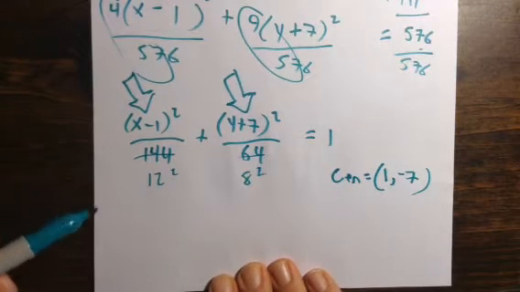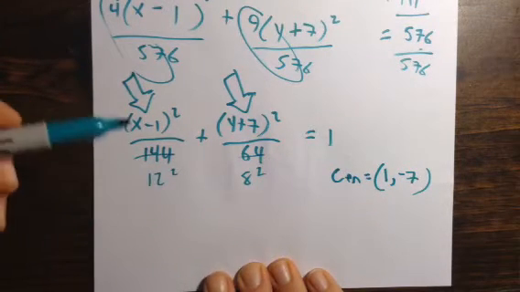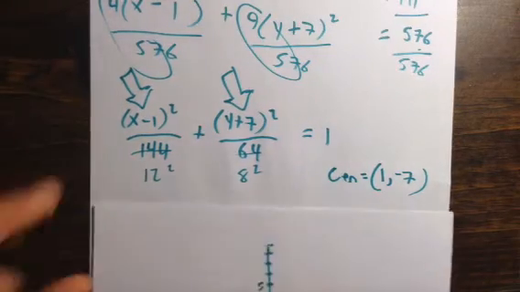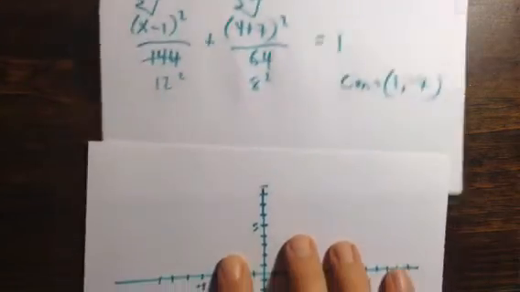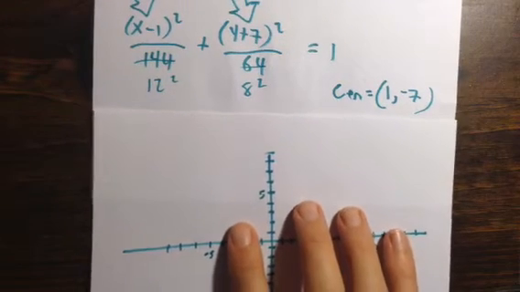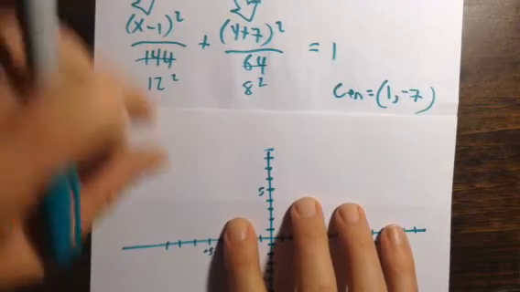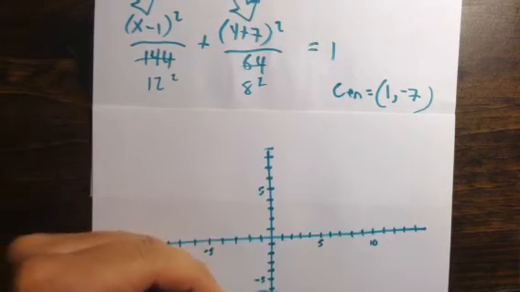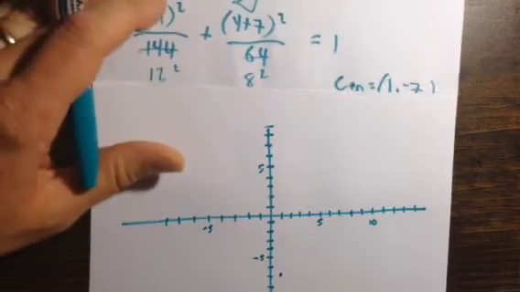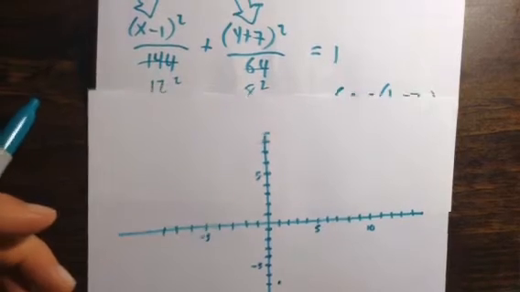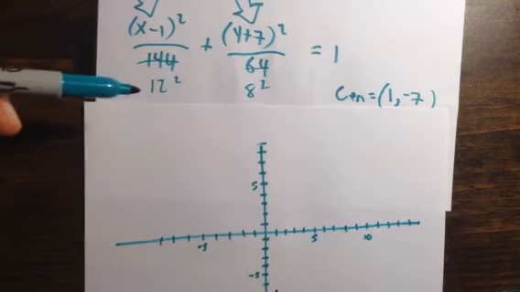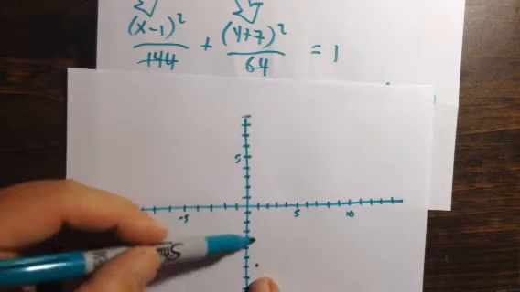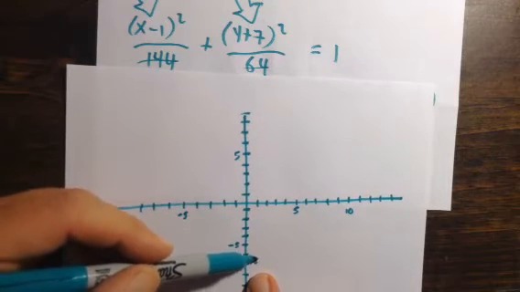That is some good stuff to know. Here, let me start graphing it and I can describe it better. So 1, negative 7, I put a dot. Now, I know that my horizontal shift is 12 in either direction from there. So if I started here at 1, I'm going to move to 13.